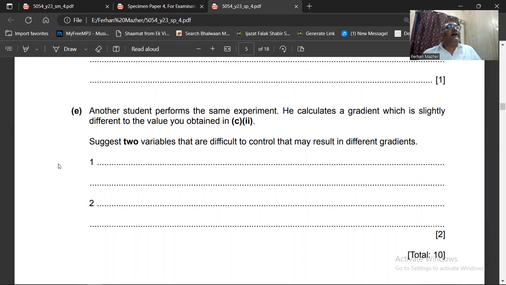You see, the 2 things, because the reading on the voltmeter depends upon the source of the light, the amount of light which is reaching the LDR. So it's difficult, one thing, to control exactly the amount of light, the intensity of the light which is falling on the LDR.